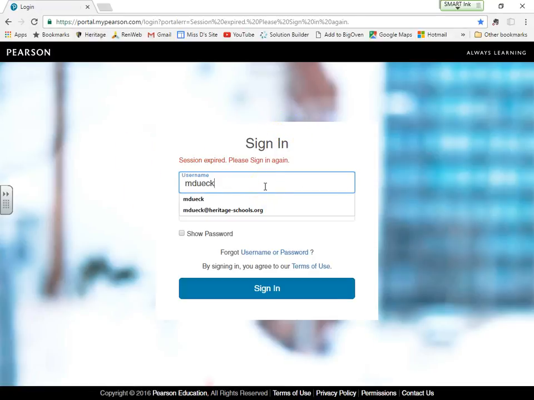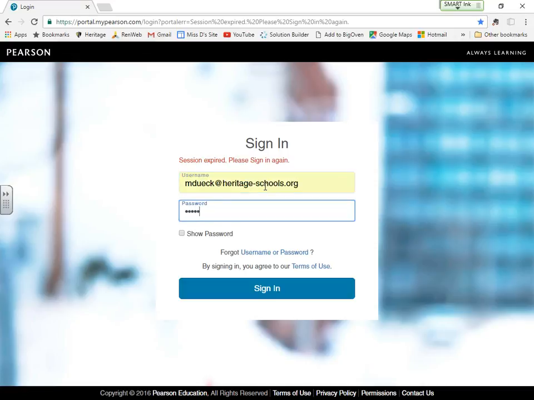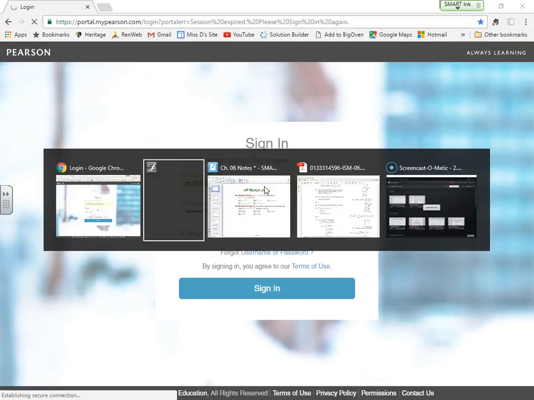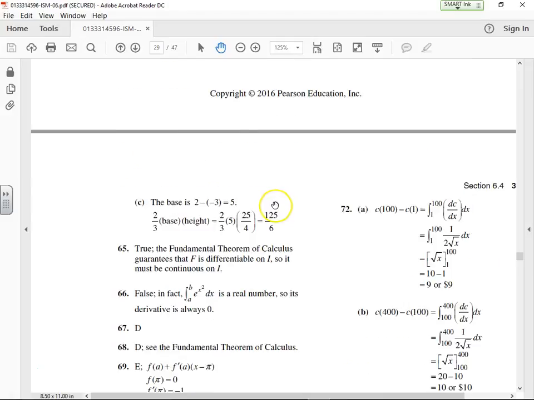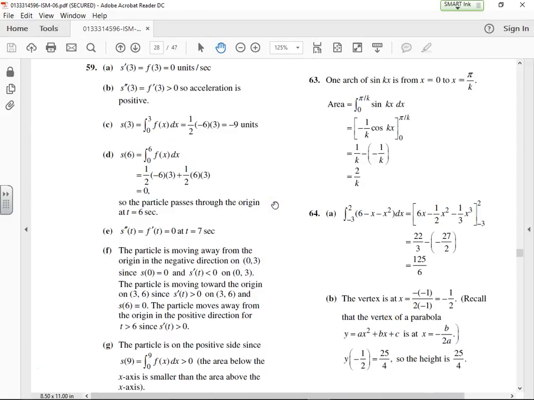Misty, on number 59, it says that it passes through the origin at 6, but the graph is positive from 3 to 9. So I don't know how. The particle passes through the origin at t equals 6. What?